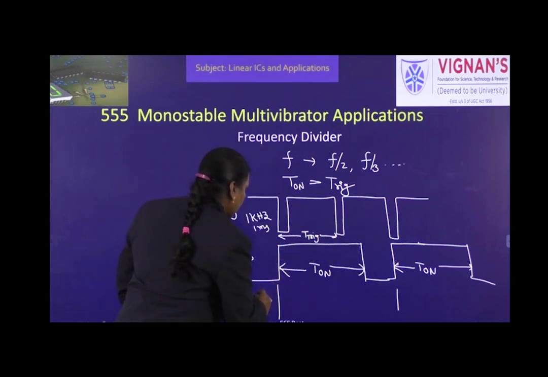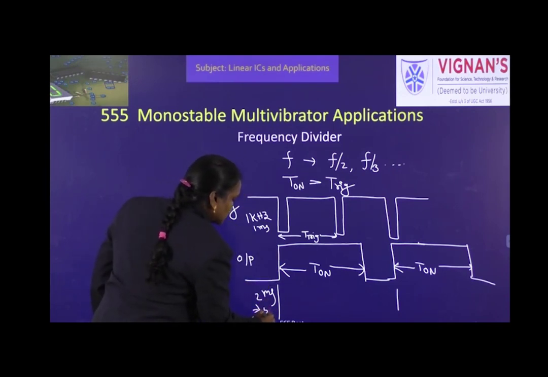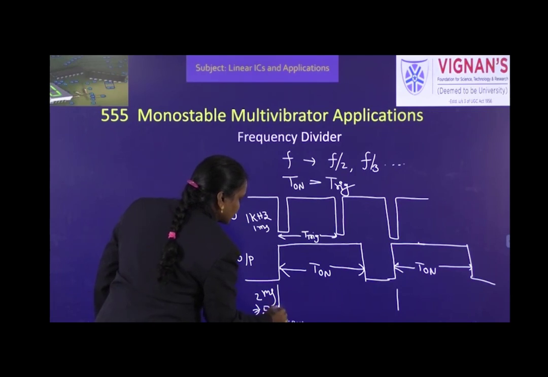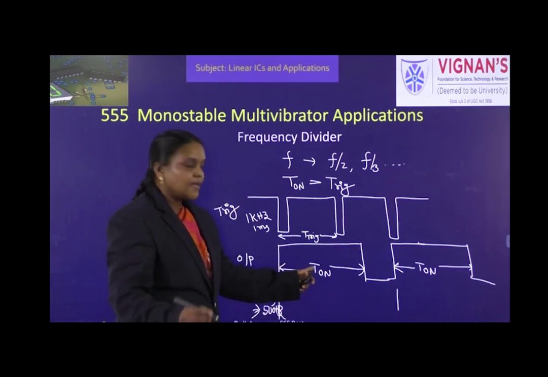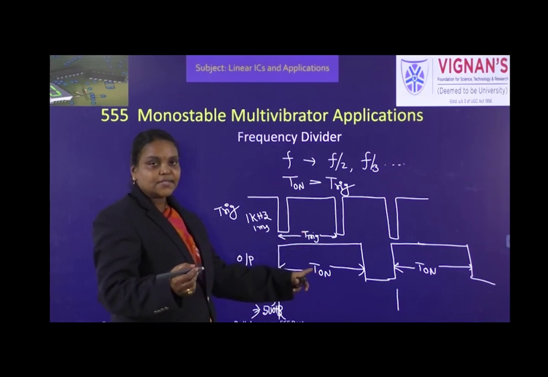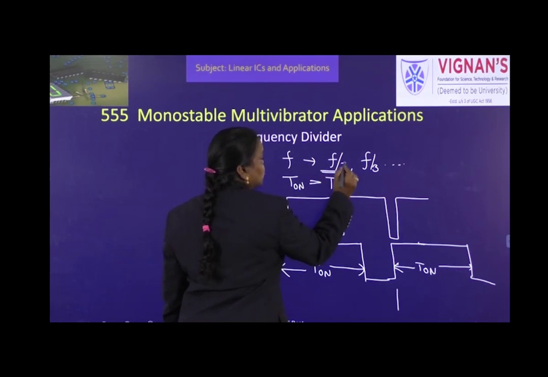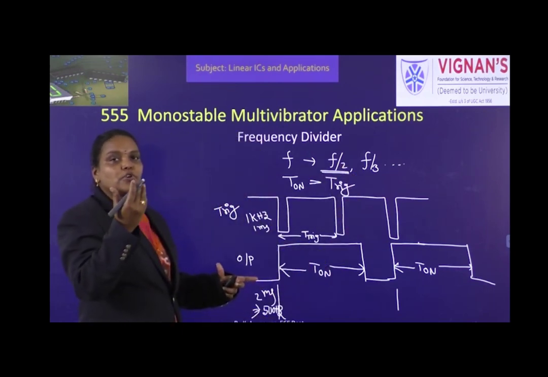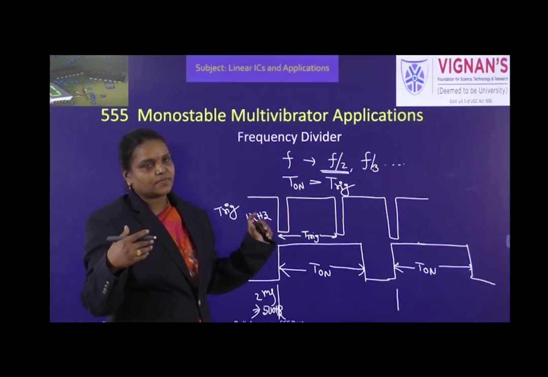So T on becomes 2 milliseconds. So what about its frequency? 1 by 2 milliseconds means 500 hertz. So if you set T on greater than T trigger like this, then it will act as f by 2. That is, the output frequency will be half of the input trigger frequency.